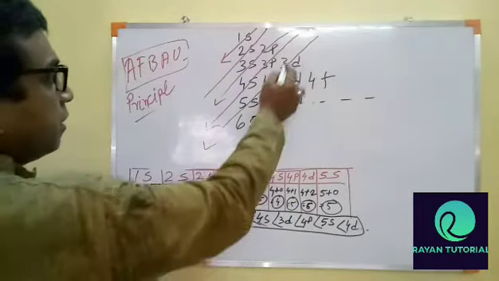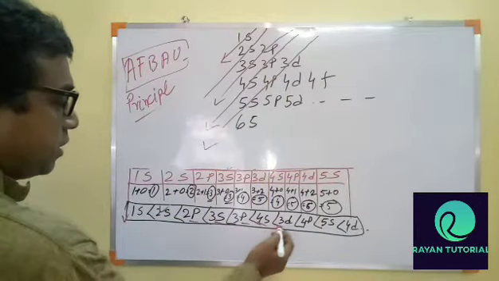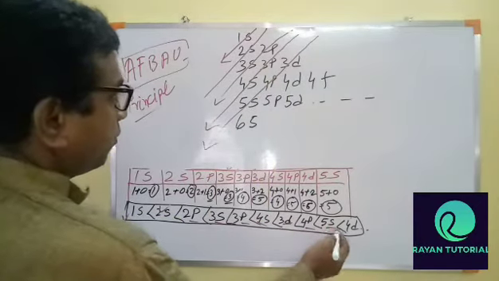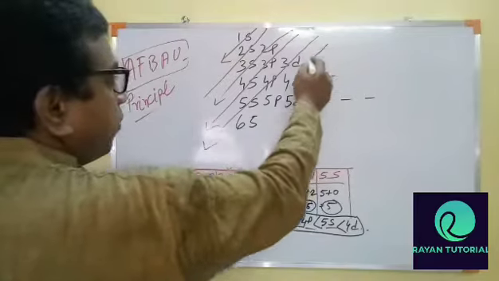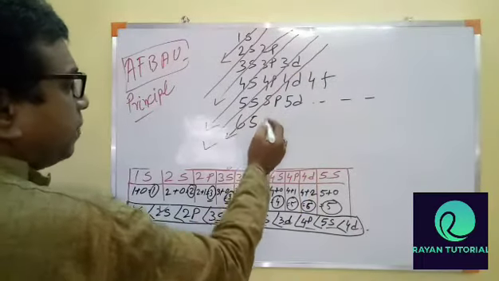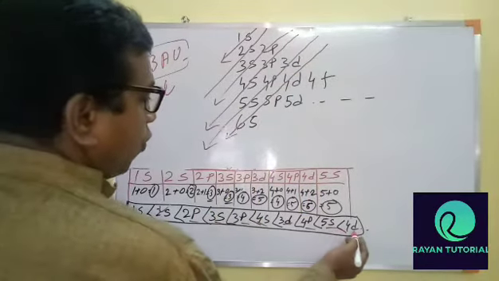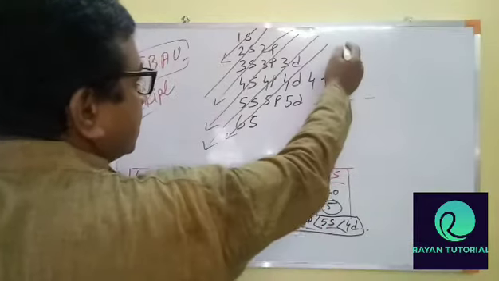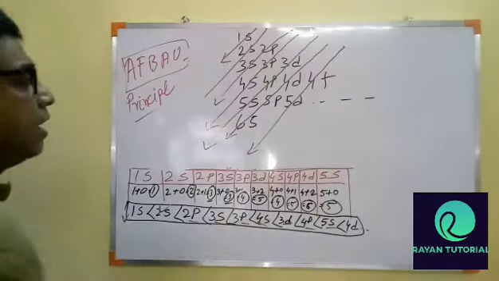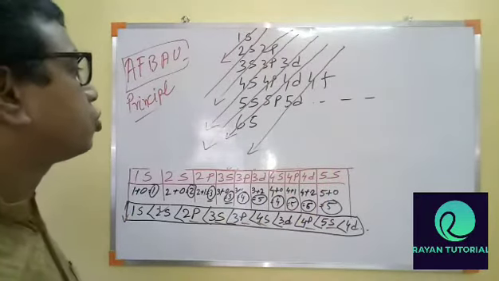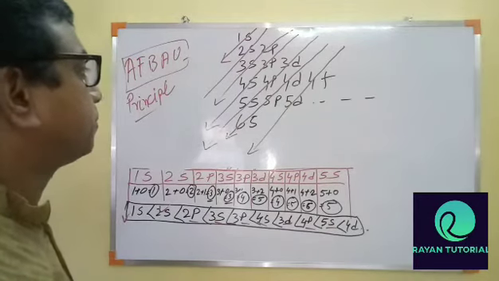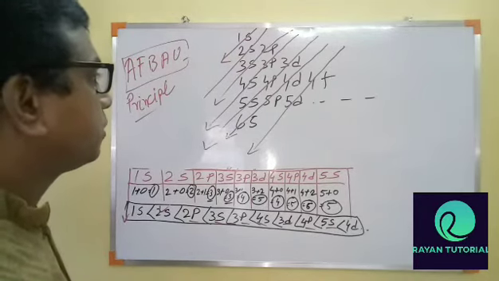Then 3d, 4p, 5s. Then 4d, 5p, 6s. Then like this, the electrons will be getting filled up. Clear?